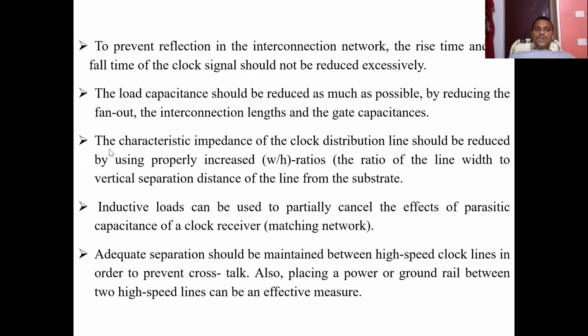Another one is that the characteristic impedance of a clock distribution line should be reduced by using a properly increased width and height ratio. That is the ratio of the line width to the vertical separation distance of the line from the substrate.